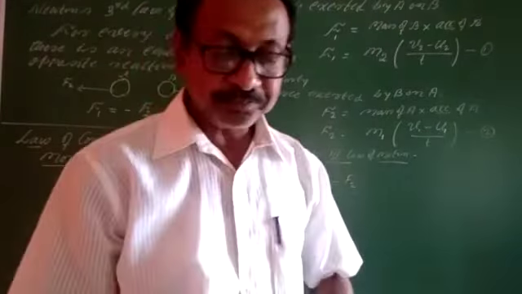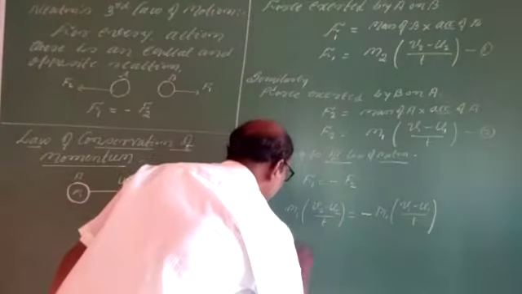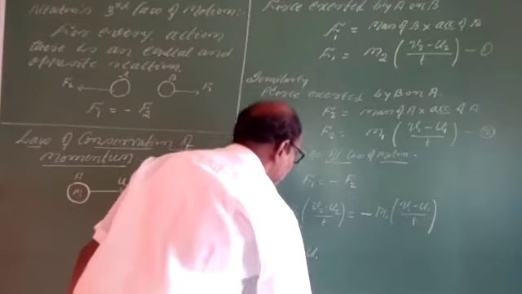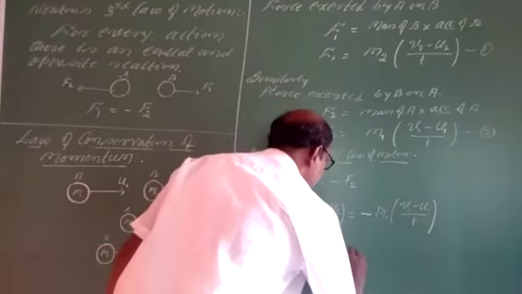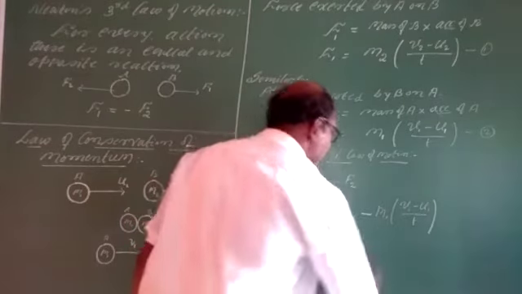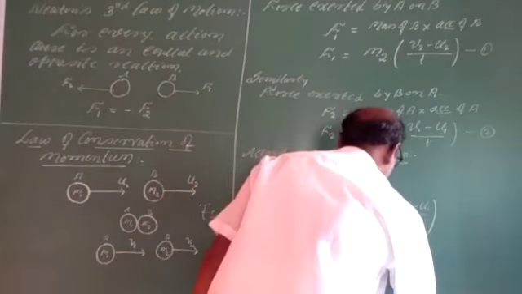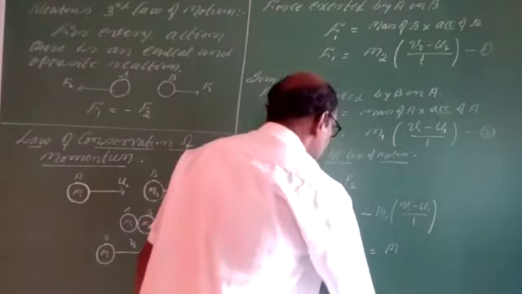You will get M1 U1 plus M2 U2 equal to M1 V1 plus M2 V2. Just simplify this and make some arrangement here.